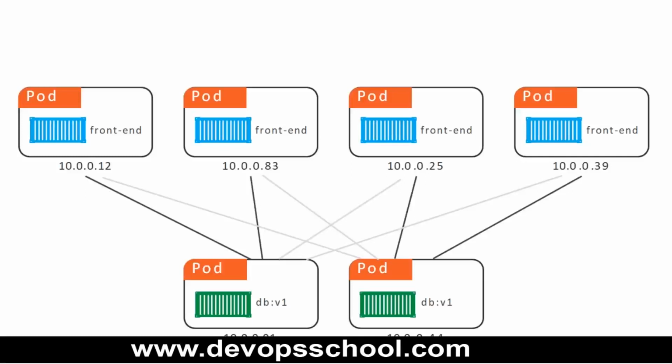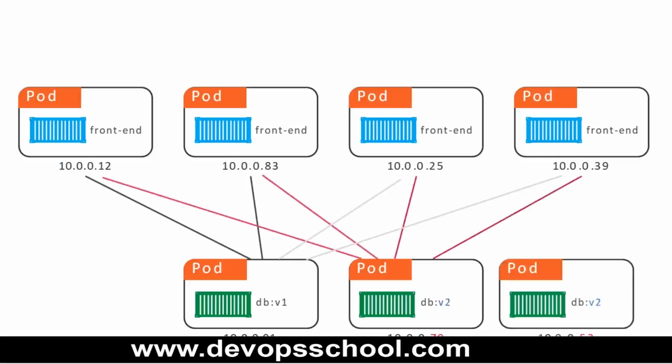So there are challenges here. Now you want to scale up the number of pods. When you scale up, you get a new pod with a new IP address, and you might also want to upgrade the images inside the pods.